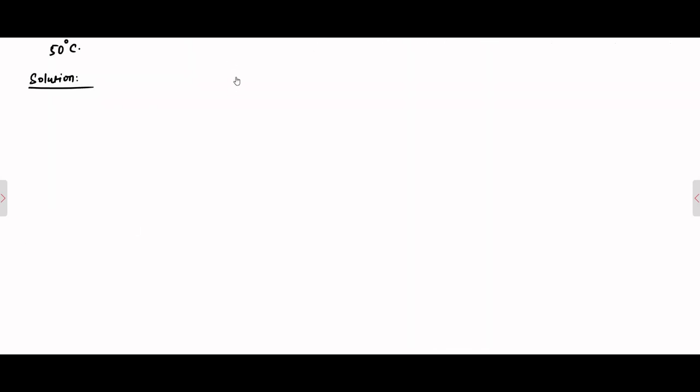If you remember, we discussed that for a platinum resistance thermometer, the temperature is a function of the resistance, governed by the given relationship. T is equal to (R_T minus R0) by (R100 minus R0) into 100.